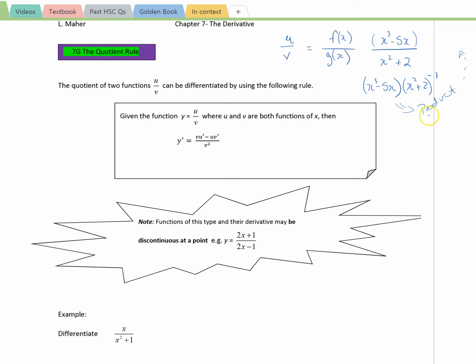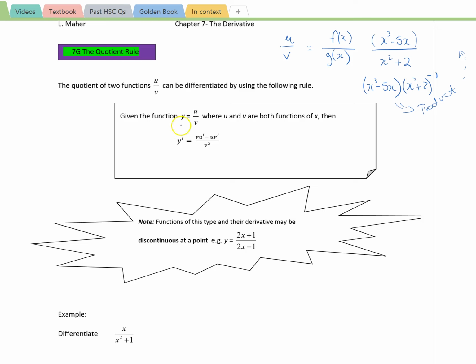Many questions might even direct you to use the quotient rule just because they want to test that you can use it. So it's another reason why it's sometimes easier, because you're given the instruction to use it.